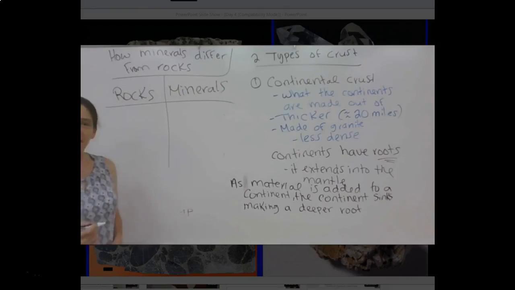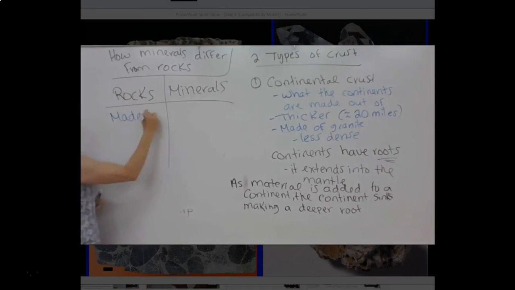So rocks are made out of a collection of different things, out of different stuff, if you like. Again, rocks are made out of a collection of different things.